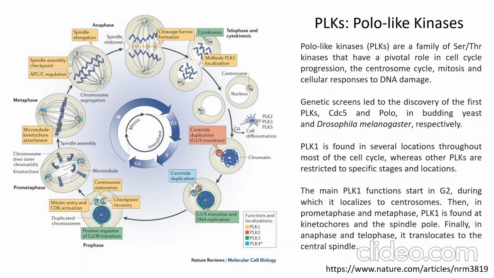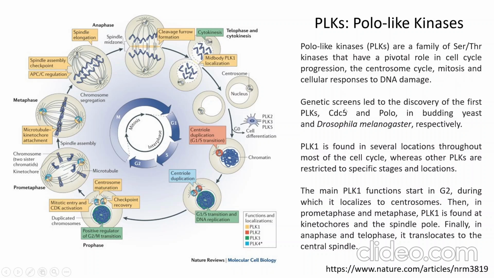progression and the centrosome cycle also, because we know that the centrosomes also double, just like how our DNA doubles, centrosome also requires doubling. You have mitosis, and it's also important in the cellular response to DNA damage.